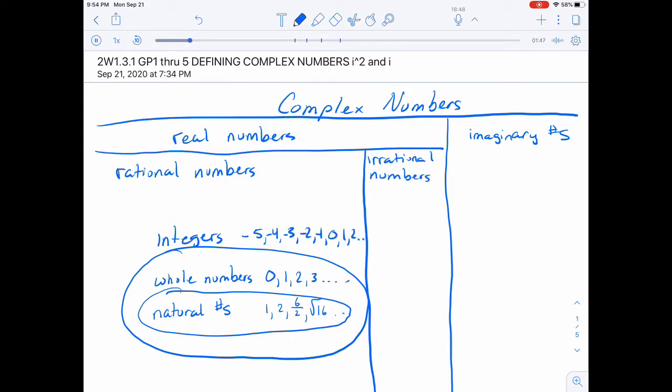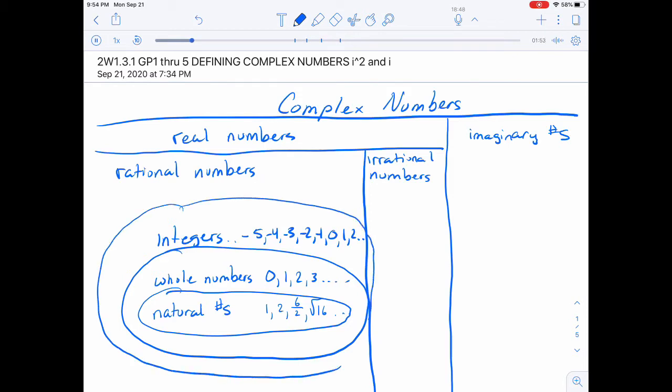And the set of rational numbers includes the set of integers with the addition of terminating decimals and repeating decimals. A rational number can be defined as a over b, where a is an integer and b is an integer.